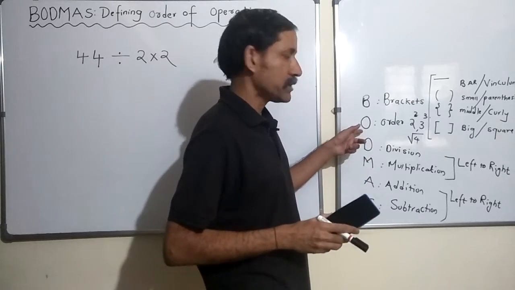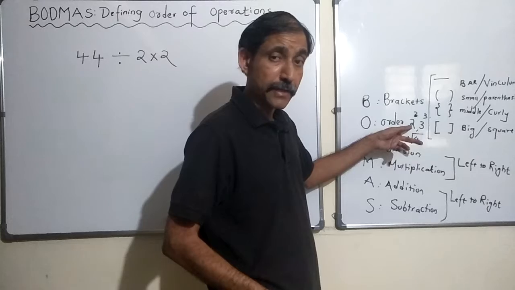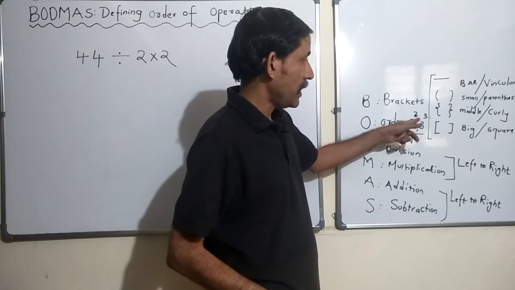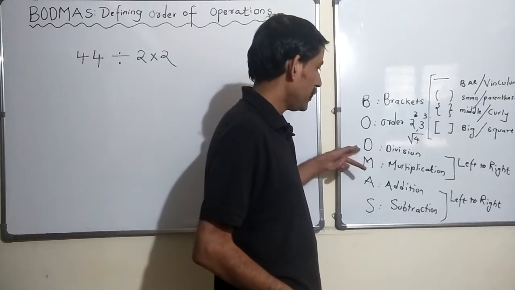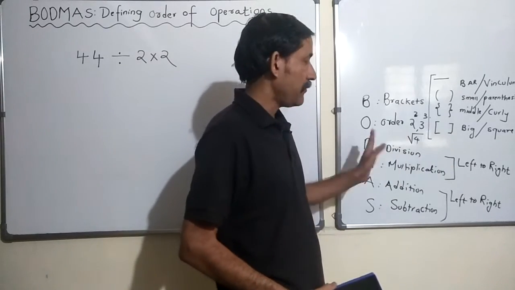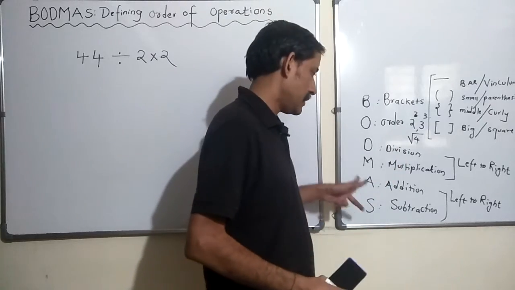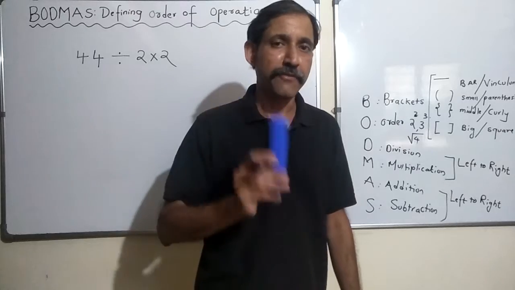Now O stands for order, wherein we solve the order next once we have taken care of the brackets. 2 square, 3 square, 3 cube, square root of 4 form the order. Division and multiplication are of the same priority, and we always proceed from left to right. Similarly, addition and subtraction, same priority, go from left to right.